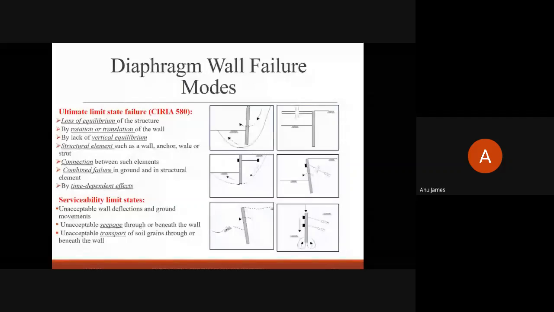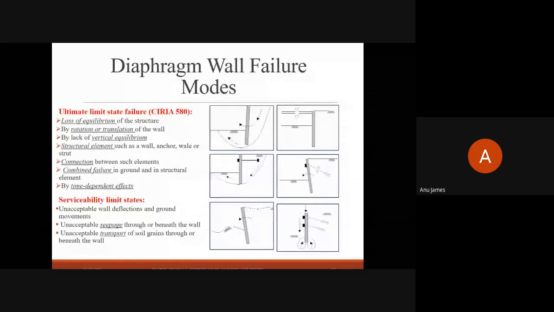This is a combined failure of the system. Then we need to check the wall deflections and ground movements which are induced by the excavation process, and seepage through or beneath the wall, and the hydraulic failure or basal heave possibilities. All these are different failure modes which we need to consider.